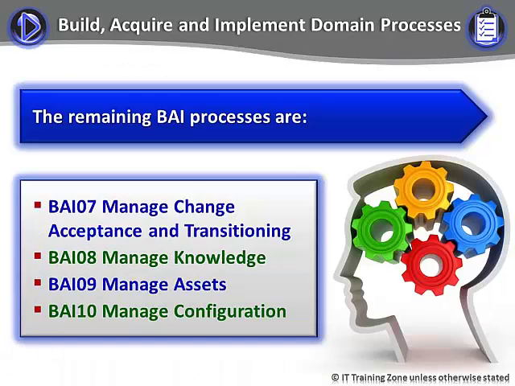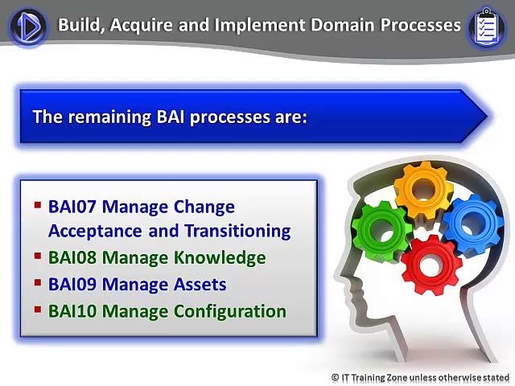The last 4 processes in the BAI domain are BAI 07, Manage Change Acceptance and Transitioning. This includes, but is not limited to, the testing of new services. BAI 08, Manage Knowledge. BAI 09, Manage Assets.